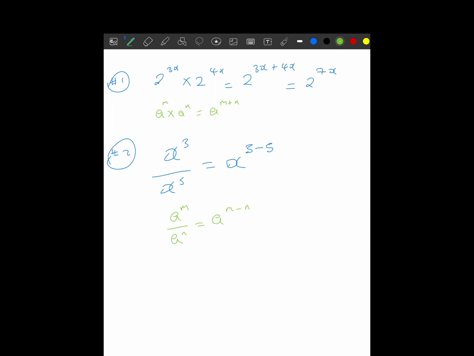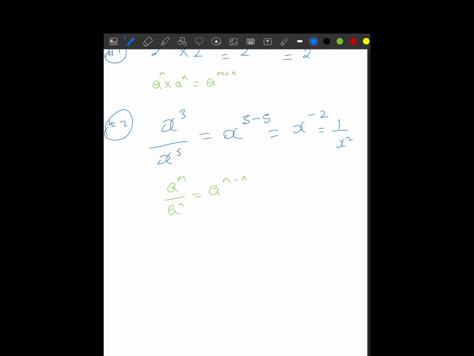That's your answer: x power 3 minus 5, which is x power minus 2. In my previous videos, please check out the identities of exponents: x power negative 2 is equal to 1 over x power 2. Please check that out if you don't know that.